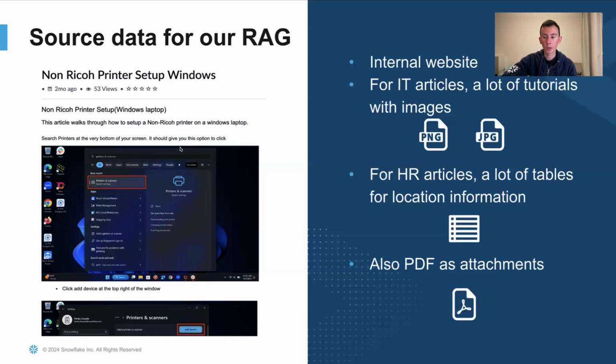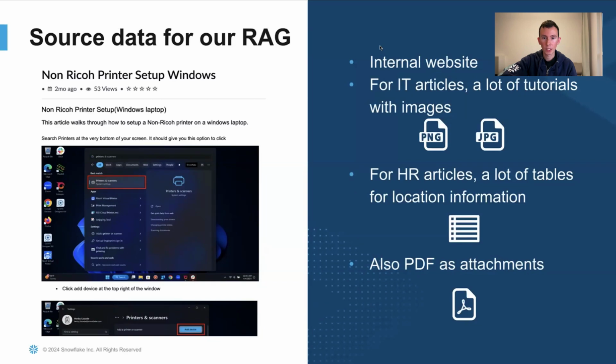So for articles related to IT, we have a lot of images. It can be PNG, it can be JPG. And for HR articles, we have a lot of tables. For example, we have different Snowflake locations, and the information can be different for each location.